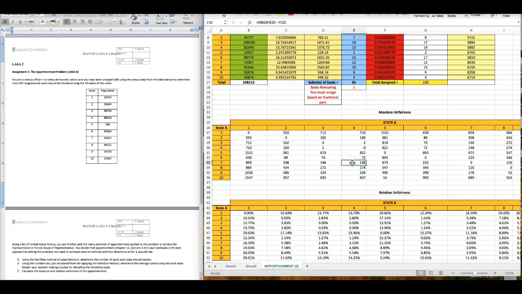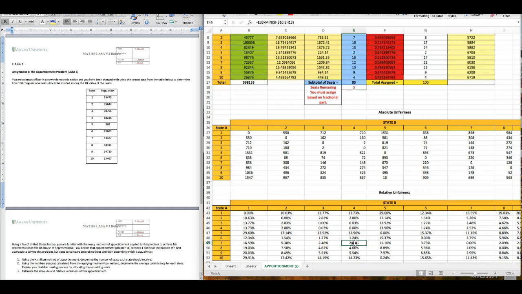For example, if we're comparing the relative unfairness of state 4 versus, let's say, state 7 here, which would be 148, state 4 to state 7, I want to know that you know how to calculate that number and what it means.